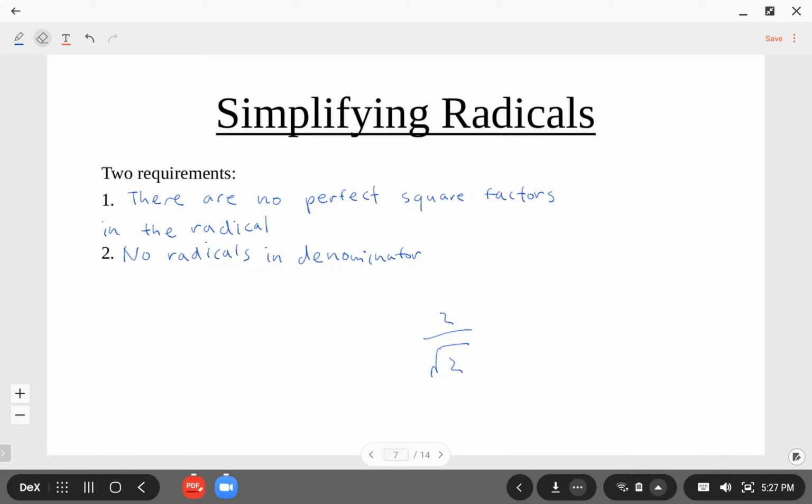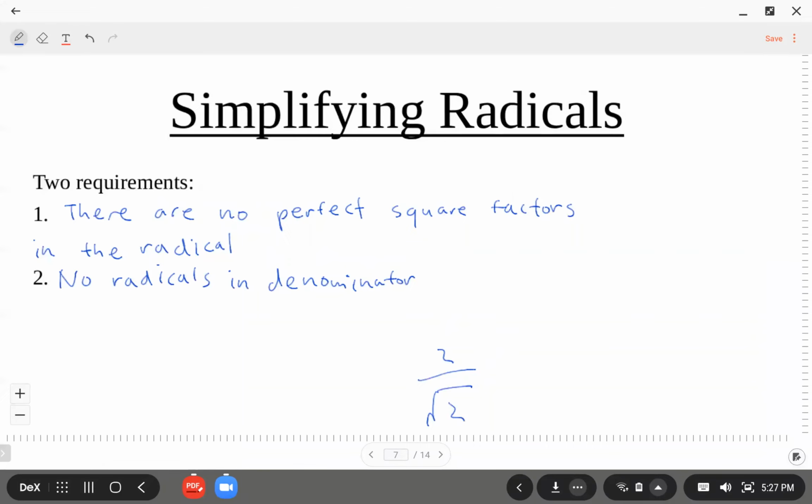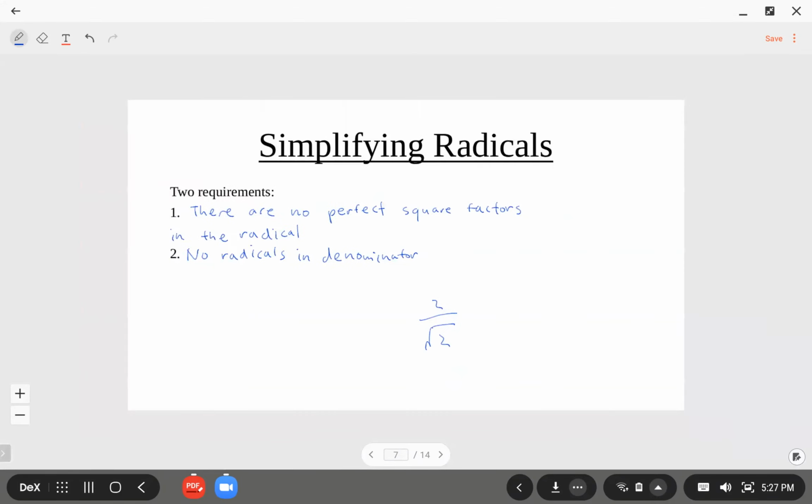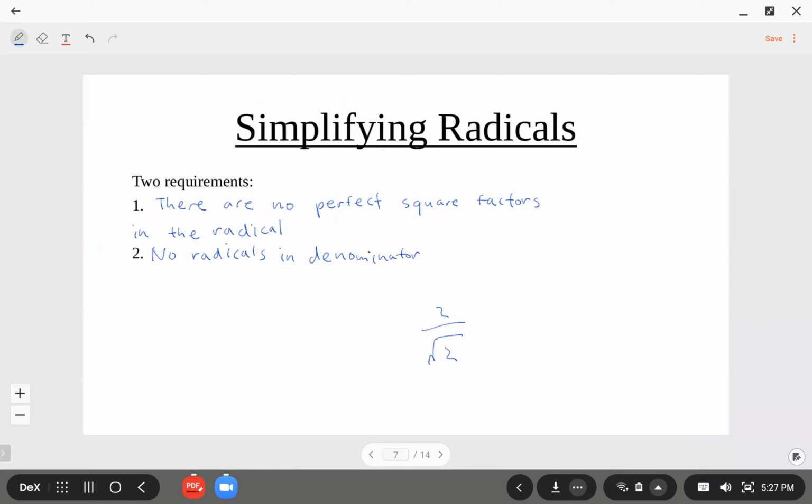Now, how would you simplify it? You can multiply it by itself. Multiply by 1, which is basically square root of 2 over square root of 2. And that is equal to 2 square root of 2 over 2.